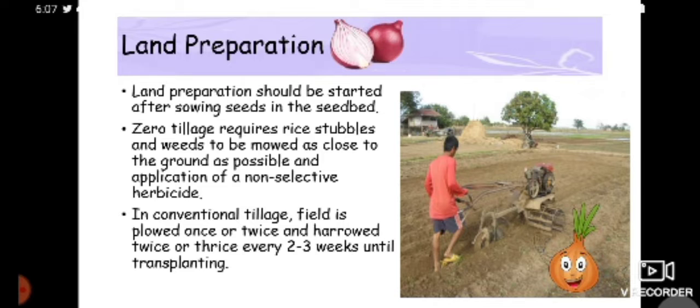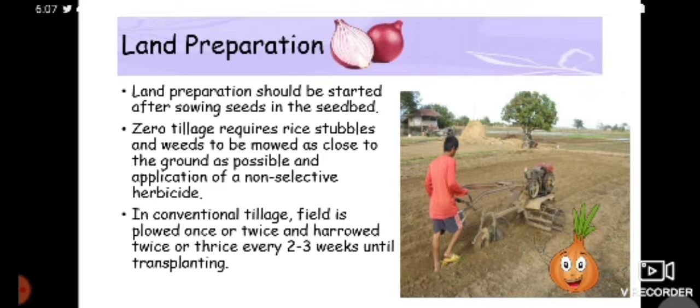Application of non-selective herbicide, or plowing and harrowing twice or thrice, may be done instead of herbicide application in minimum tillage. Broadcast 45 grams of 14-14-14 fertilizer. Spread mulch 5 to 10 centimeters thick throughout the field.